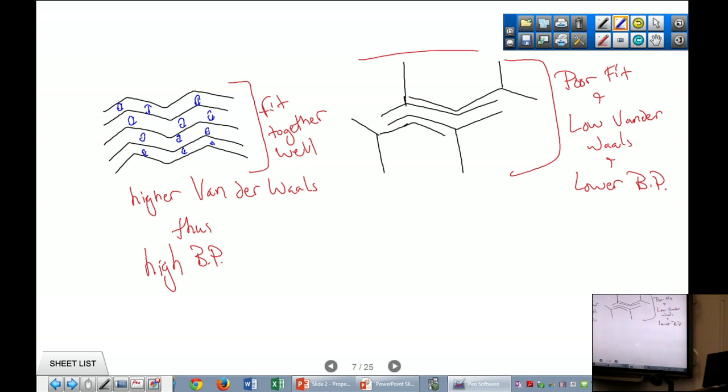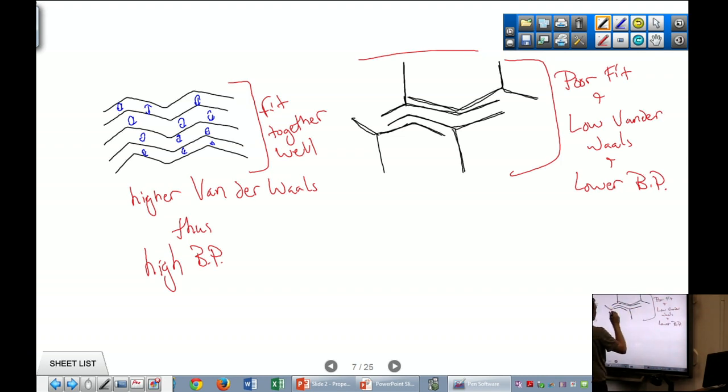Same thing with molecules. If you've got irregular shapes, you can see I've got one molecule here. It doesn't fit perfectly with this molecule right here. This molecule doesn't fit real well. This guy's kind of stuck off to the side. So they don't fit real well together.